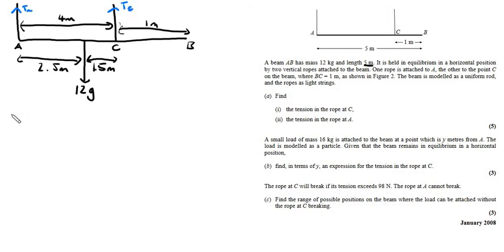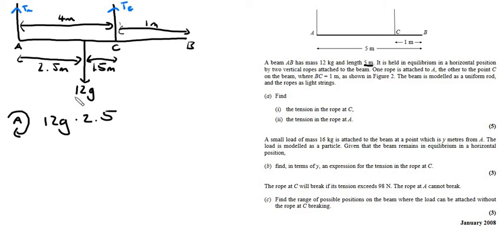So if we look at the moments about A, in the clockwise direction, we have this 12g times 2.5 meters.